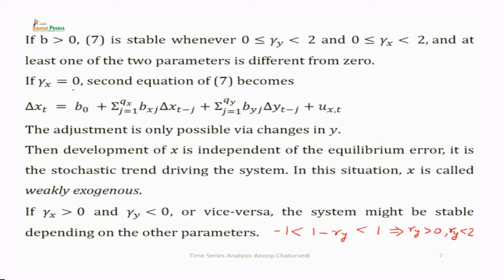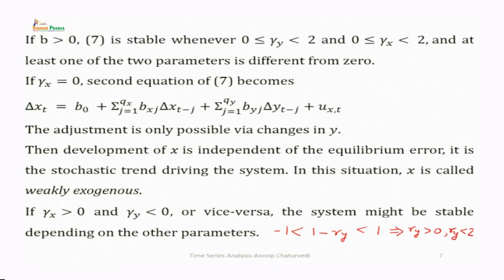Now, suppose gamma x is equal to 0, then the second equation of 7 becomes delta x t is equal to b naught plus summation j b x j delta x t minus j plus summation j b y j delta y t minus j plus u x t.